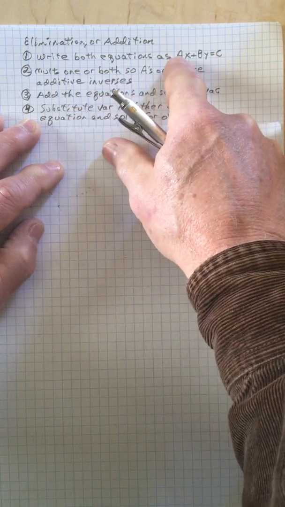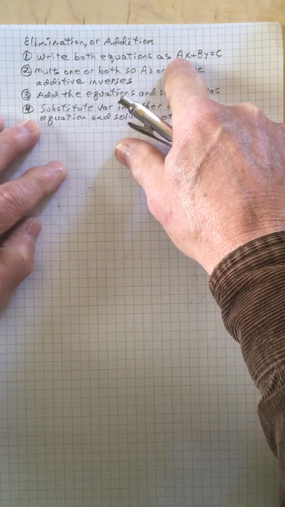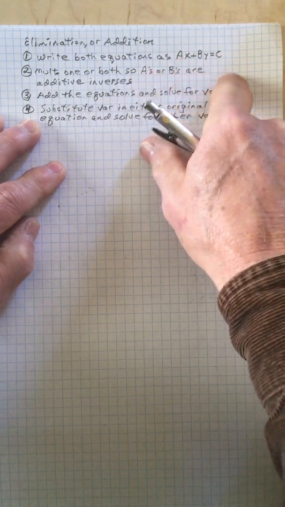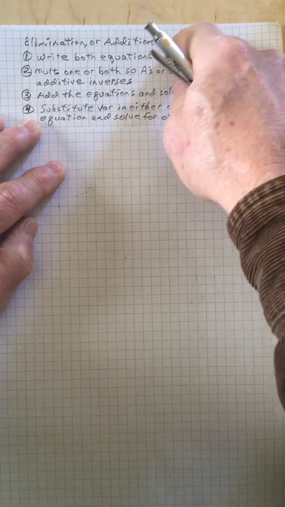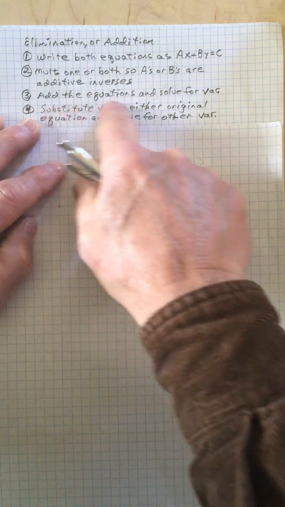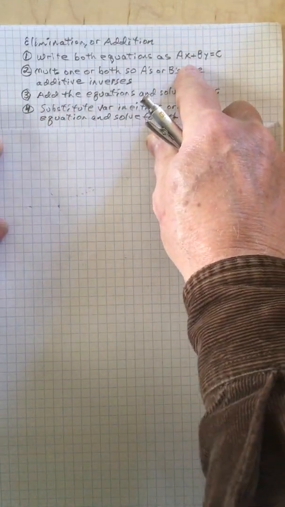So for example, if I had a 5x there, and an x here, I might multiply by minus 5 here. So 5x minus 5x, they cancel. We'll see that in a minute. So once you add them up, one of the variables is going to drop out.